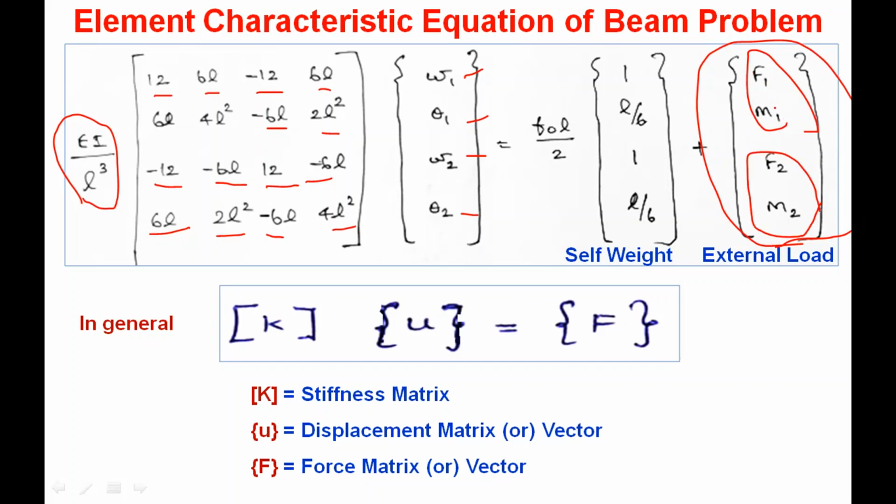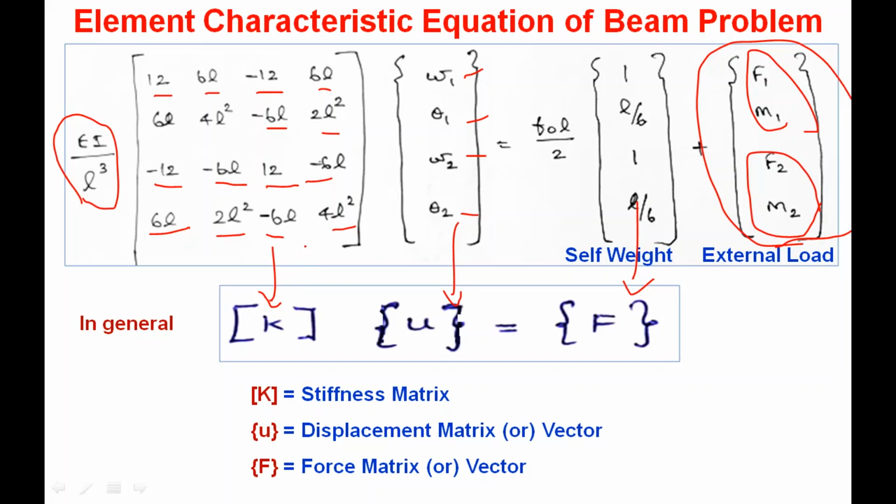So any external force or external moment acting at that particular node, we have to consider as the boundary term. So this will be the element characteristic equation for this beam problem. In general we can say this is stiffness matrix K, this is displacement matrix U and the force matrix F. For a beam problem, the element characteristic equation is like this.